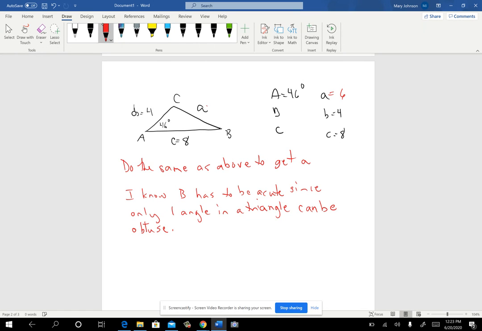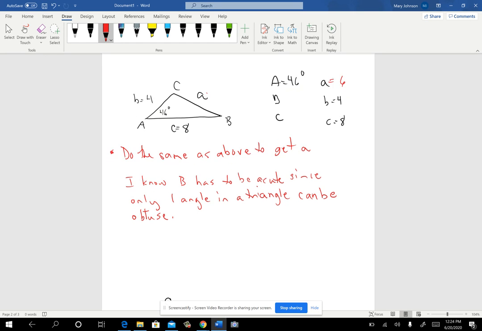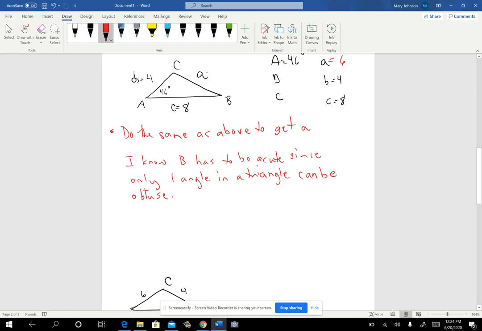So do the same as above, what we did to get A. But I know B has to be acute since only one angle in a triangle can be obtuse. So I'm going to use the law of sines to get B since it's opposite the smallest side. Okay, so I know it has to be acute.